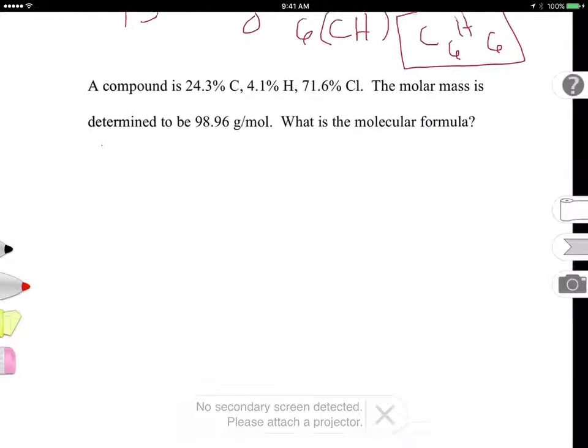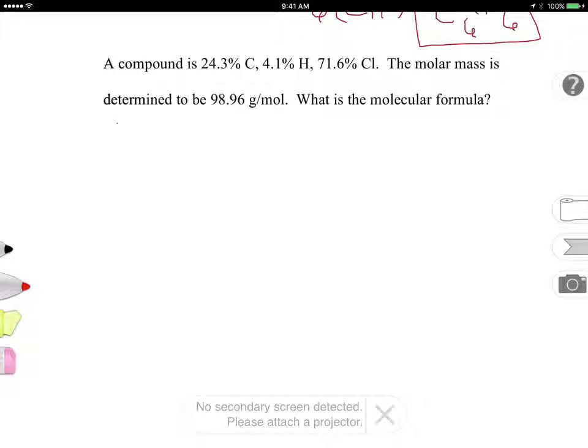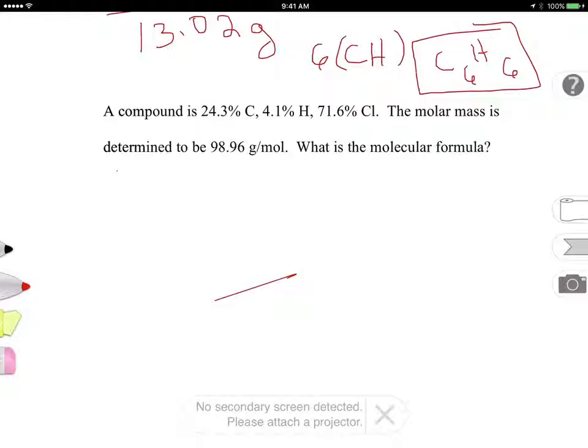Next one is actually doing where we need to do the empirical formula first, because it's not given here, okay? So we're going to start off just like we did before, okay, and take the percentages and turn those to grams. So we're going to get 24.3 grams of carbon.